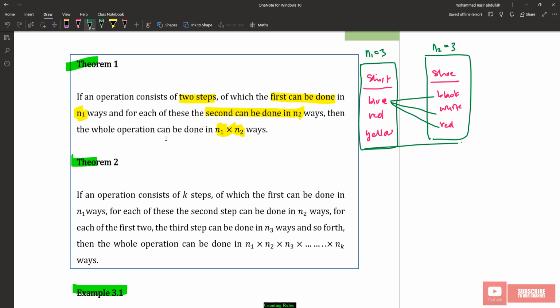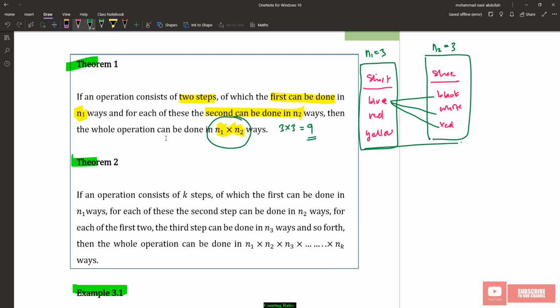So to know how many possible ways to choose shirt and shoes, you need to use n1 multiplied with n2. So 3 multiplied with 3, you will get 9. So you have 9 choices.